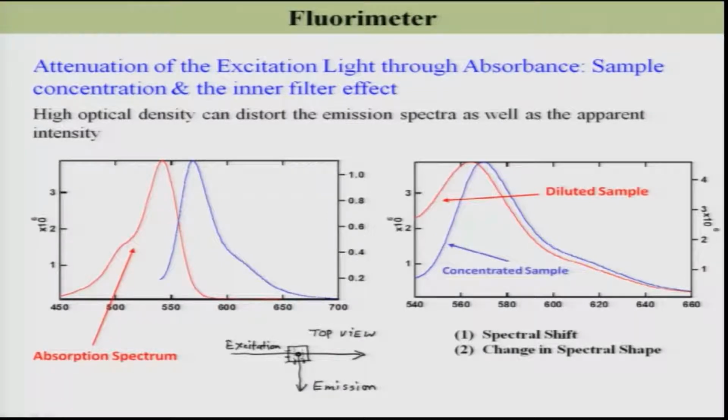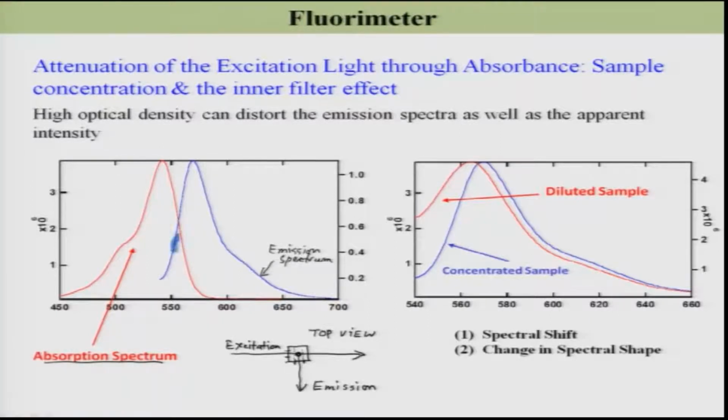Now, let us say this red one is the absorption spectra of the sample that you put inside your sample chamber, and this is the emission spectra of the sample, which is already known to us. Now, you see a considerable overlap in the absorption and emission of the sample.